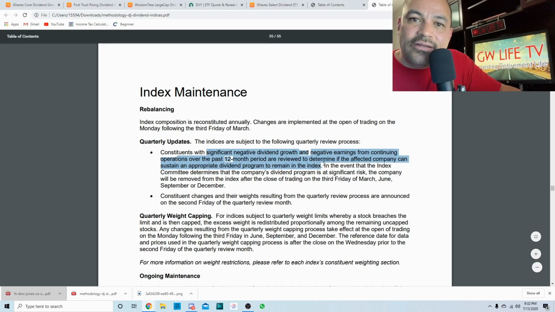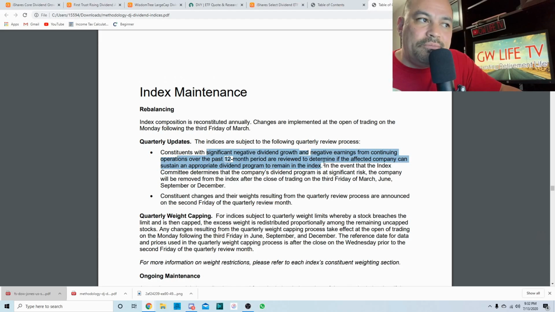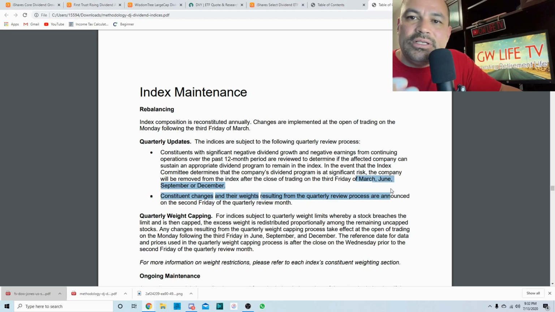And if they can't, they will remove the company the third Friday of March, June, September, or December. So they're not going to hold these companies that are declining in value or declining in earnings per share or cutting their dividends for very long. They're going to replace them and get them out.